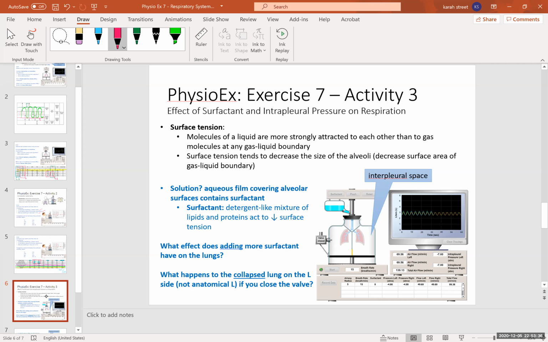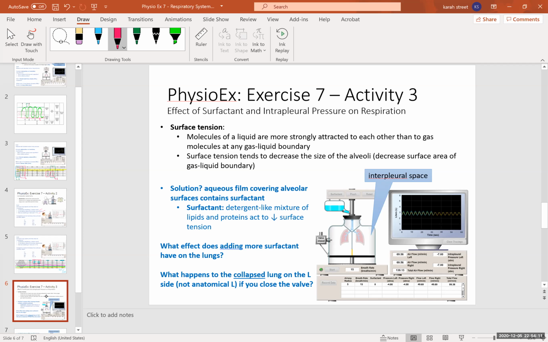Surfactant, I'll remind you, is a detergent-like molecule that is found within the alveolar space, reducing surface tension from the watery environment, that mucous membrane that we find within our lungs. The intrapleural cavity, or the intrapleural space, is this slit-like space that has pleural fluid in it in between the parietal and visceral pleura.